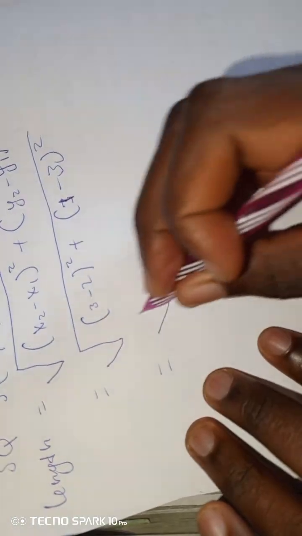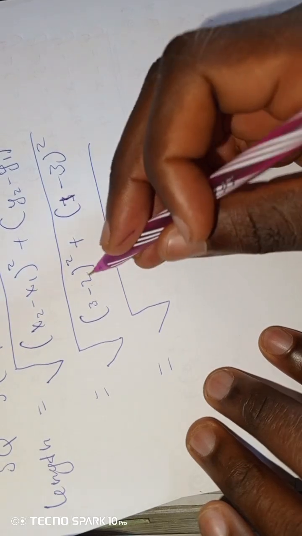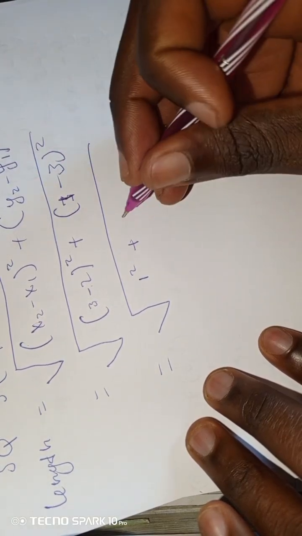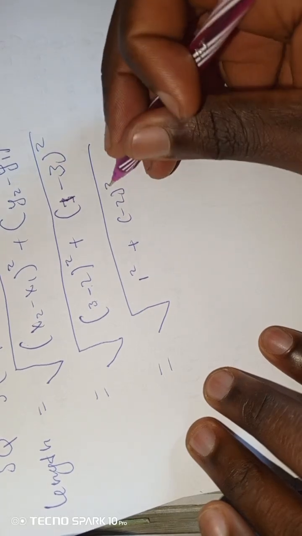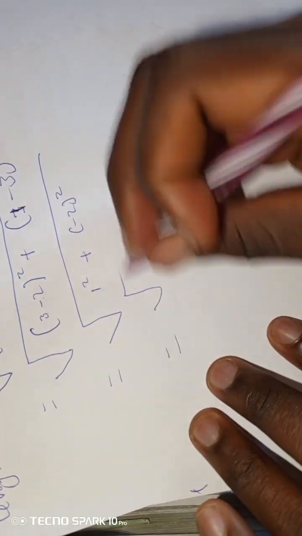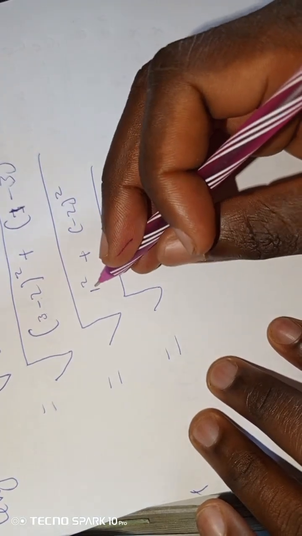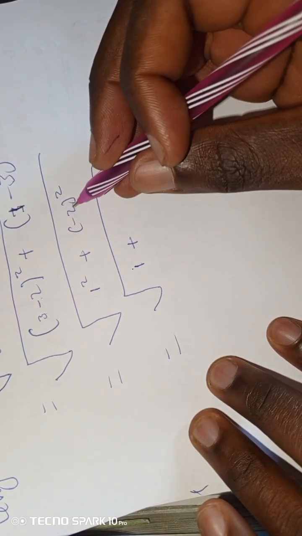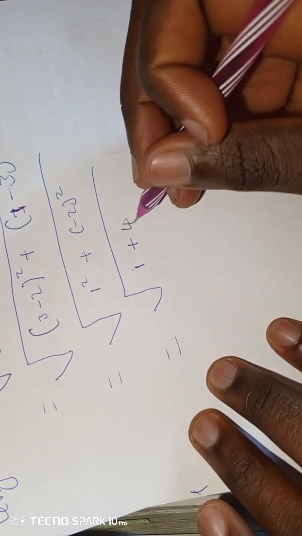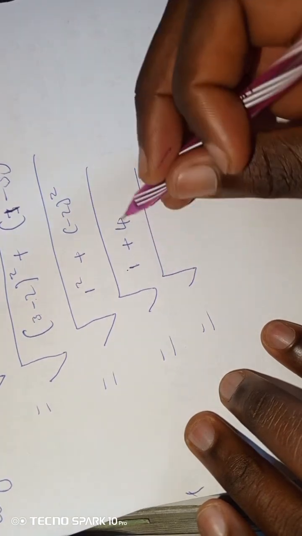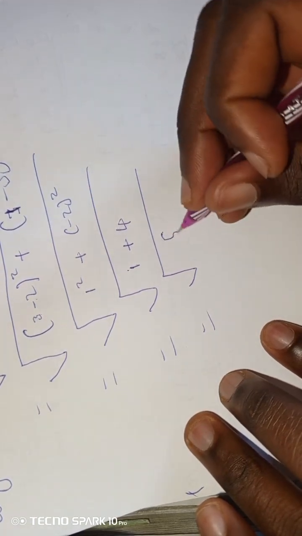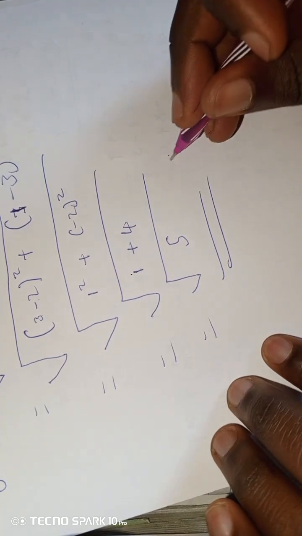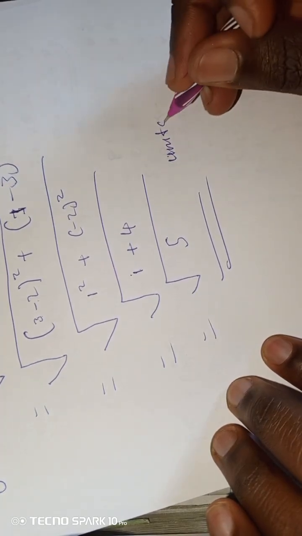So 3 minus 2 we have 1 squared, plus 1 minus 3 will get negative 2, then you square it. So here you have the root of 1 squared, which just gives 1, plus negative 2 squared, which gives us 4. Then we add 1 plus 4 will get 5, then this will be our length. Since there are no units, we can just put units like this, then you are done.